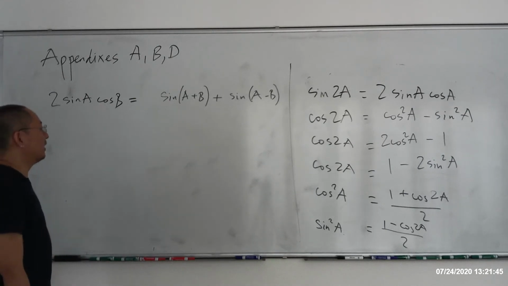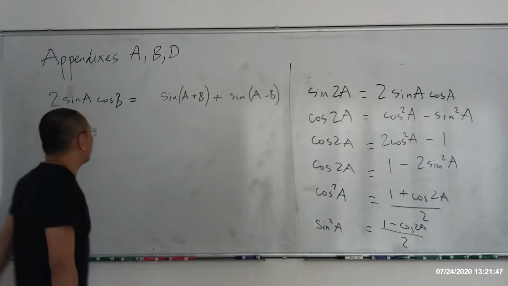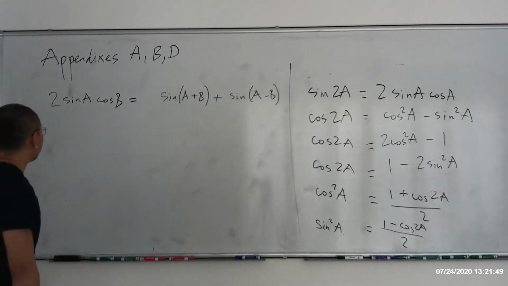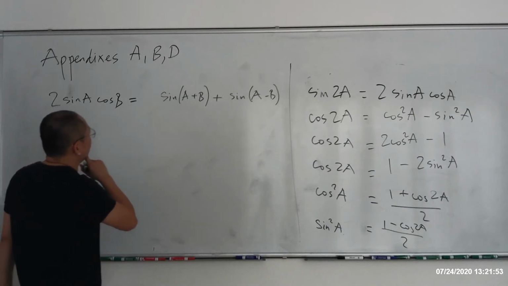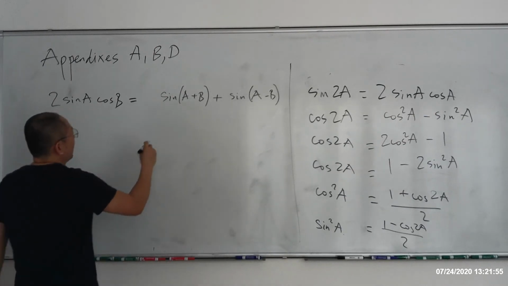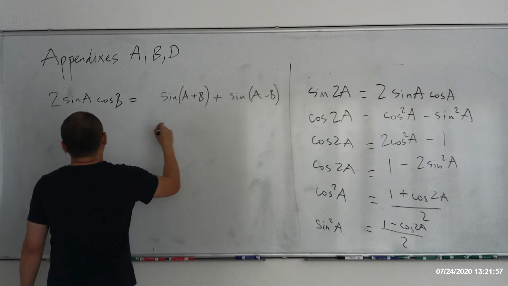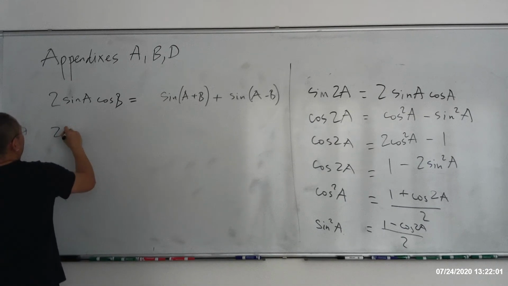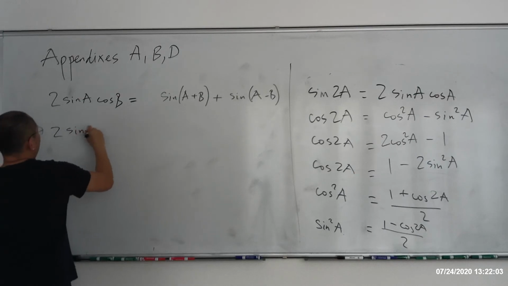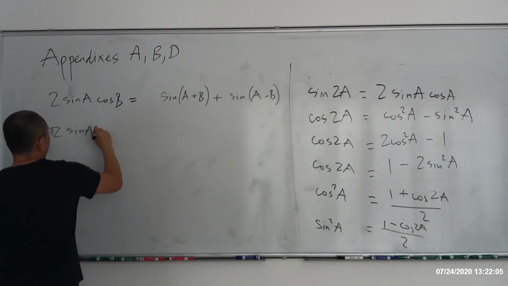And I'll tell you how I look at it. I'll just say, well, sine plus sine equals 2 sine cosine. And the other one, how about 2 times sine A sine B?